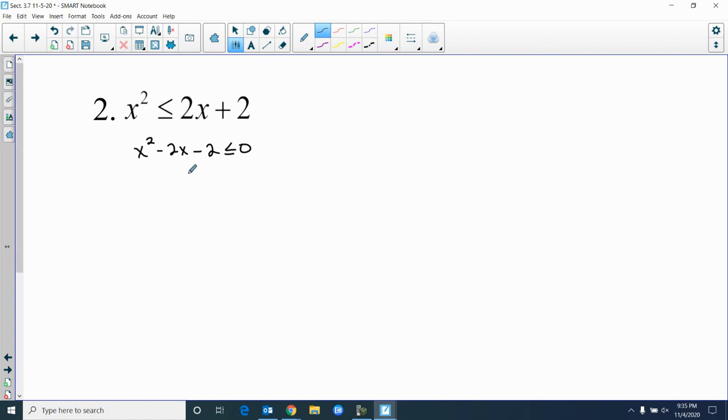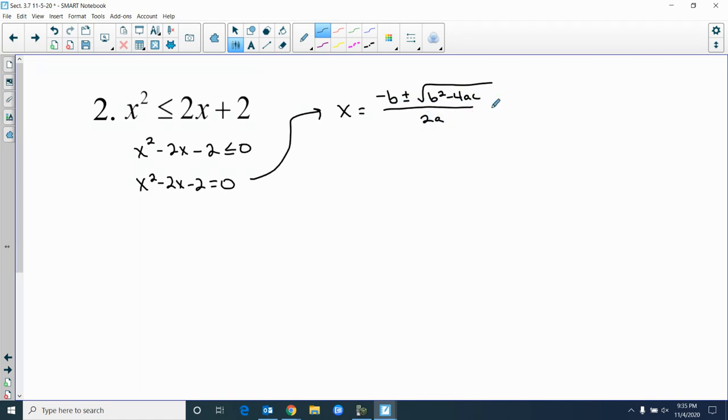We still need to know where it hits 0. And to figure out where it hits 0, we've got to solve this equation where it equals 0. Well, if it doesn't factor, we've got to use the quadratic formula. x equals the opposite of b, plus or minus the square root of b squared minus 4ac, all over 2a.